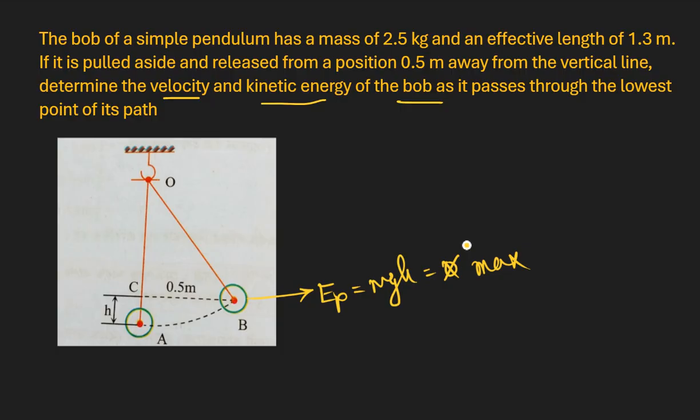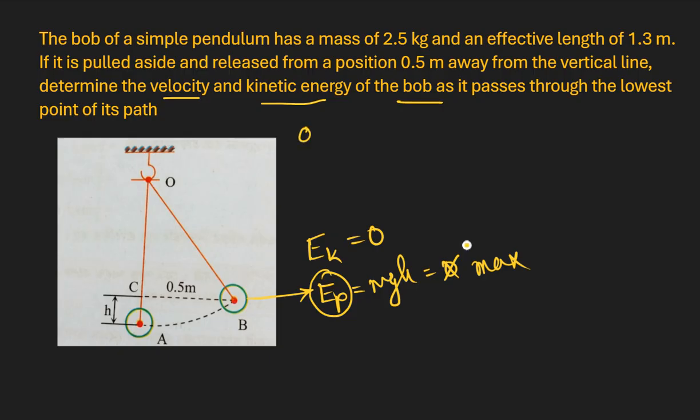So at point B, the maximum potential energy, as I said, and here obviously the kinetic energy will be 0 because there is no velocity, because here the bob is static. Then it will be released from B to A, it will travel, right? Anyways, so the effective length is 1.3 meter.